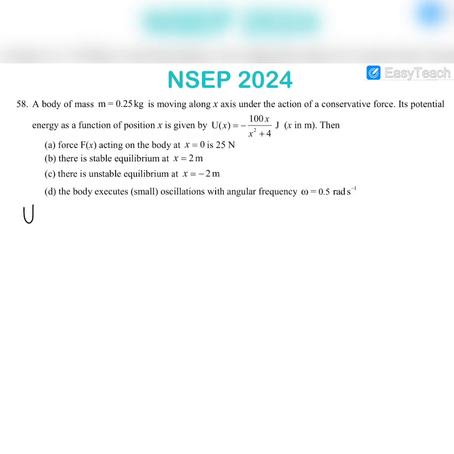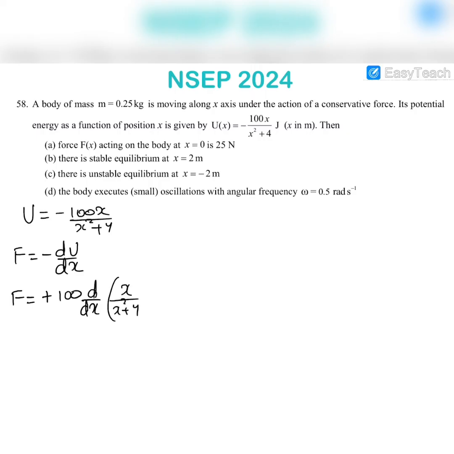So first of all, the potential energy is minus 100x upon x square plus 4, and F will be equal to minus dU by dx. So F will be equal to plus 100 times d by dx of x upon x square plus 4.